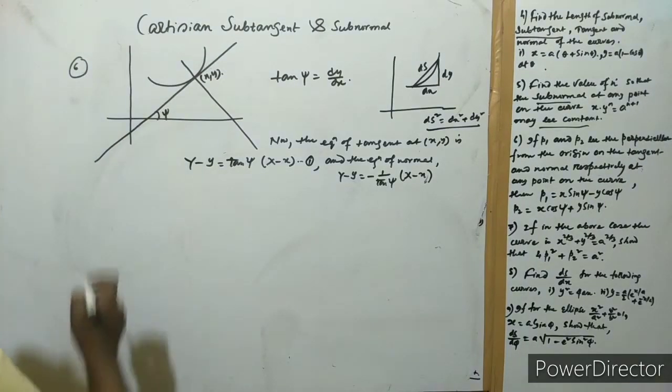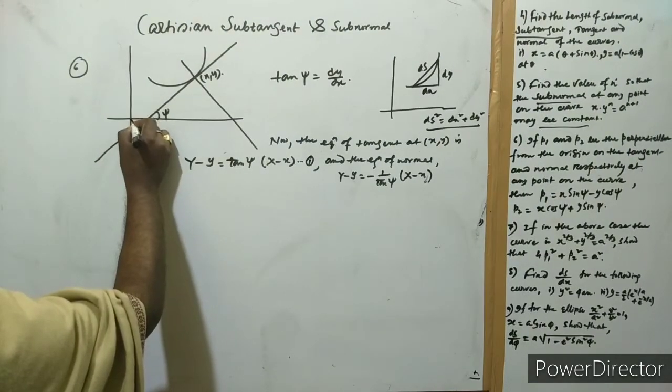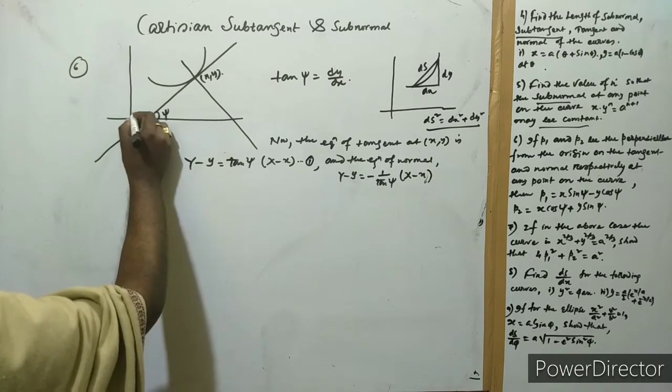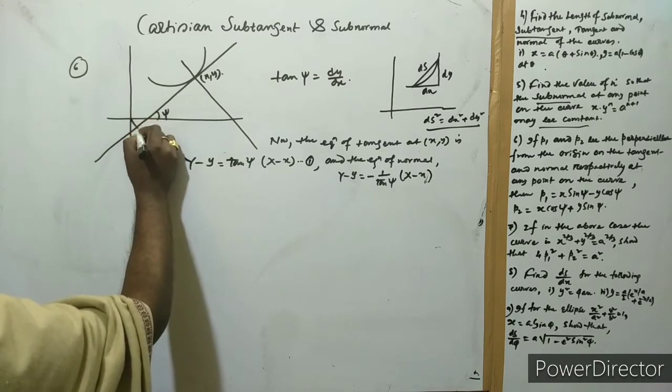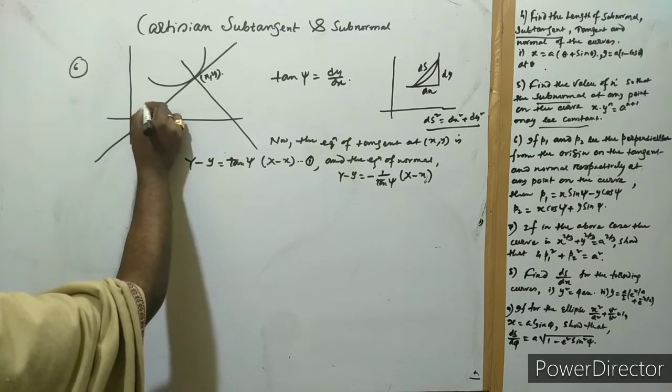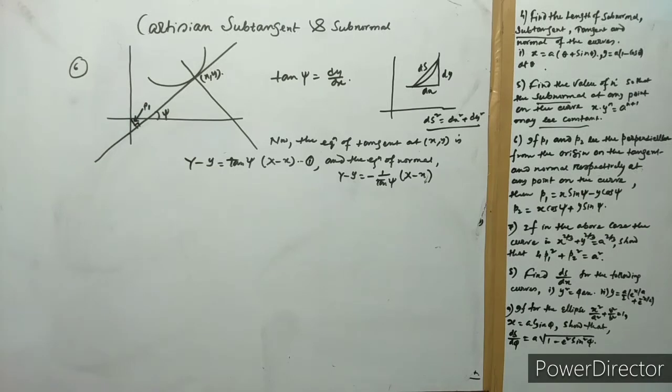Since this is P1, this length is called P1. P1 is the perpendicular distance from origin to the tangent.